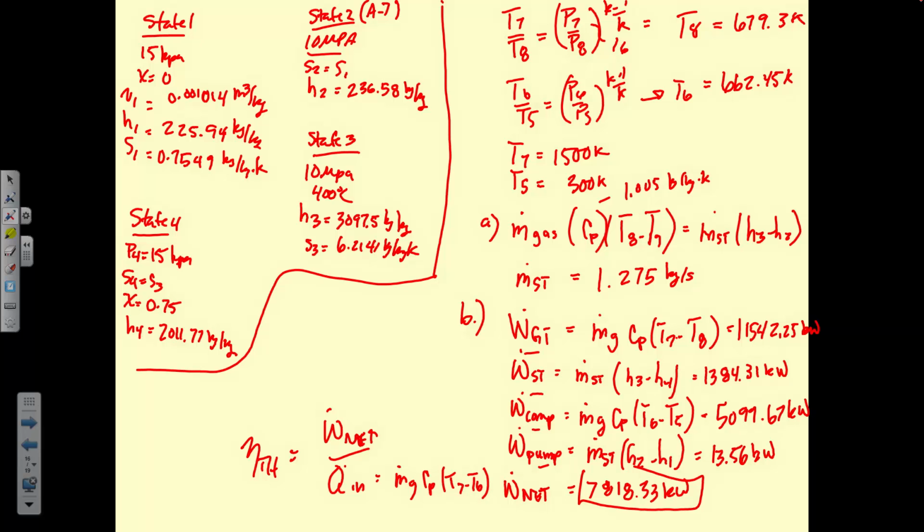So that's the Q in to the combustion chamber, from the combustion chamber. So we find that to be equal to 66.3%. Wowee, I haven't seen efficiencies that high since we were dealing with the Carnot cycle.